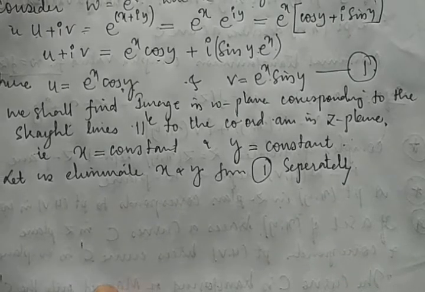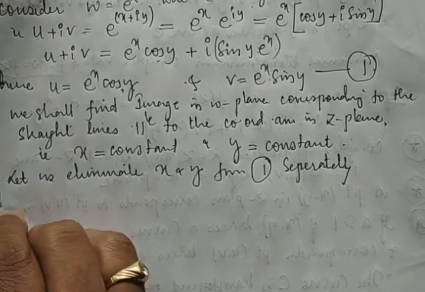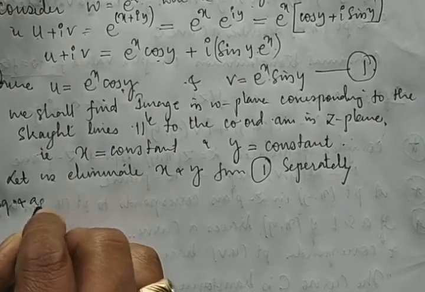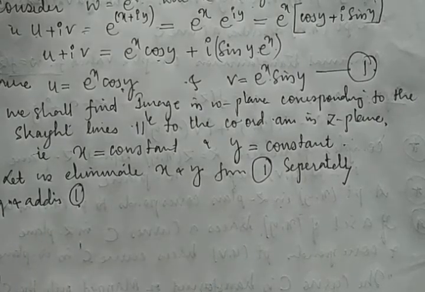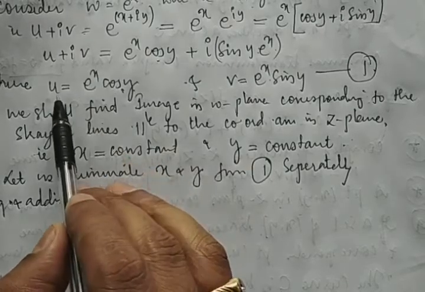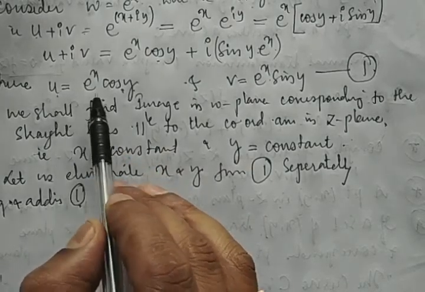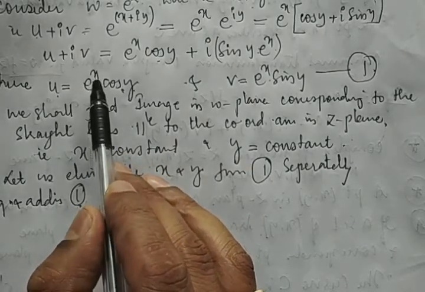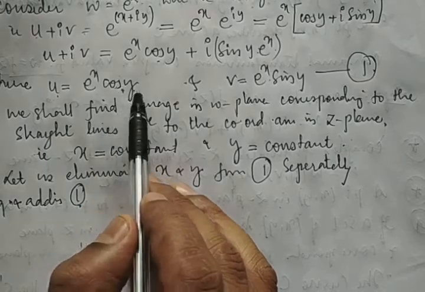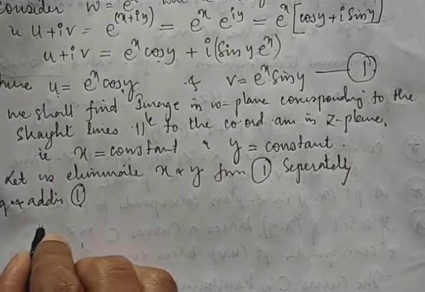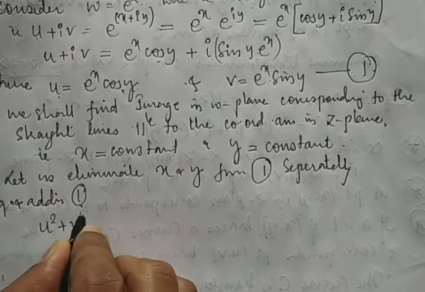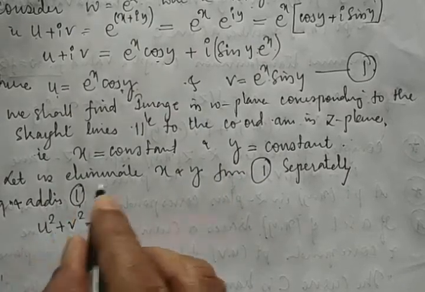For that what to do? So we take squaring and adding equation number 1. If we square equation number 1, what happens? u square is equal to e raised to x whole square into cos square y. e raised to x whole square is nothing but e raised to 2x. So we will be getting u square plus v square, because squaring then adding also.